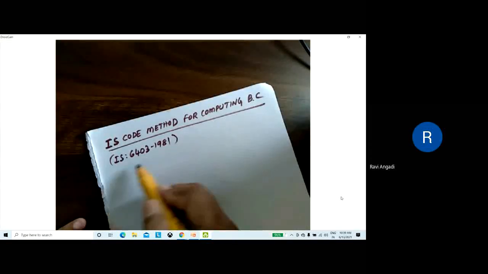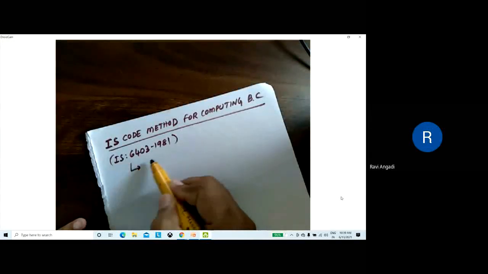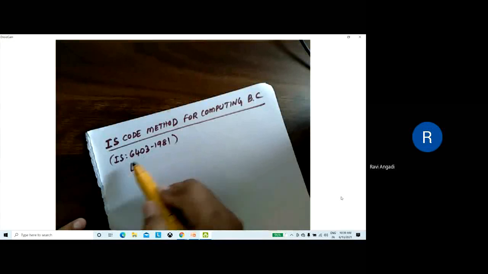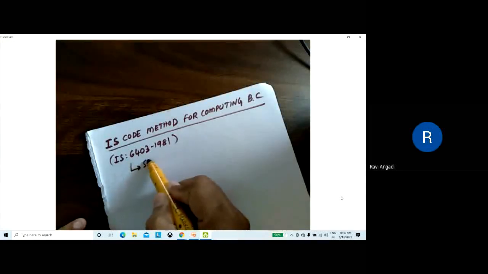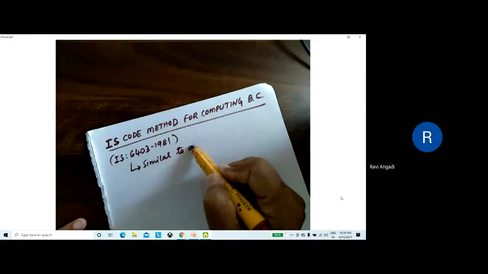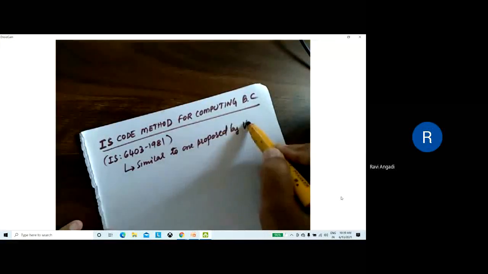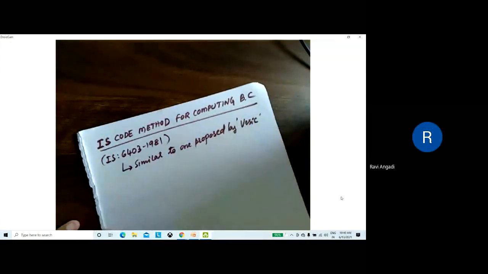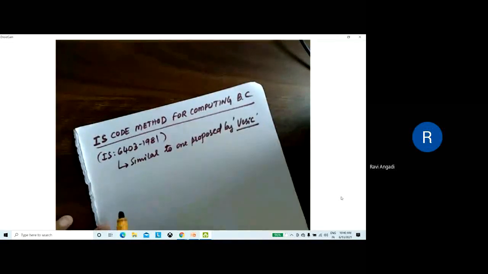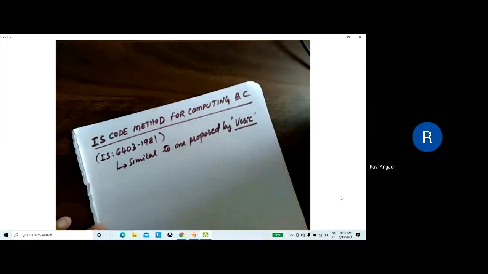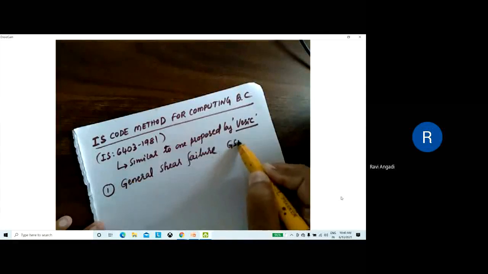It is similar to Vesic's equation. I'll consider first general shear failure, GSF.